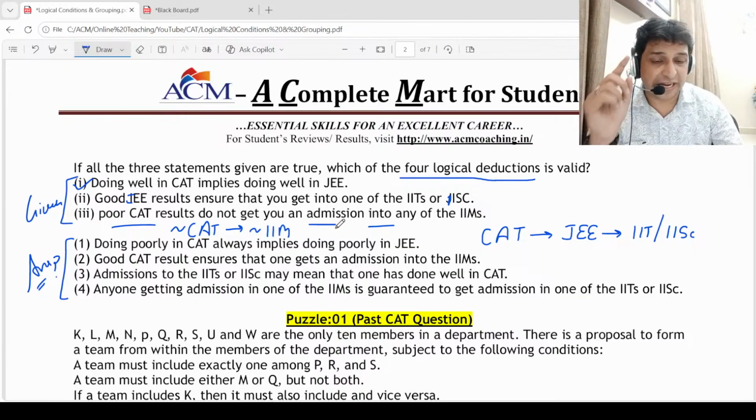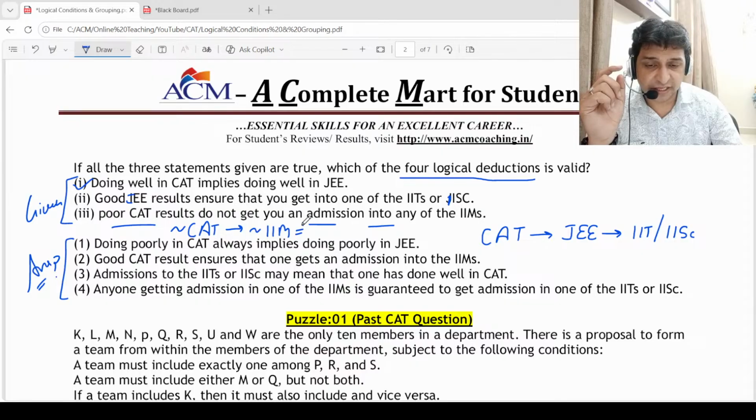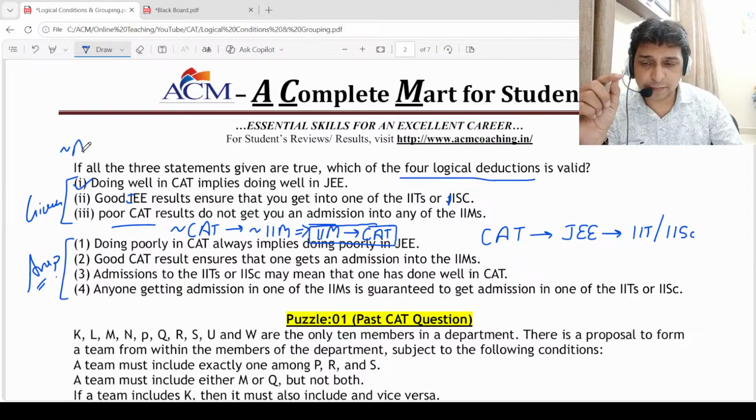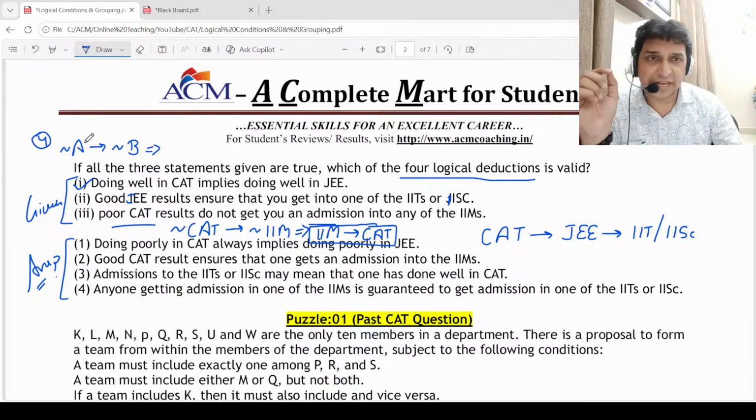Now the conclusion, we have to make a chain now. The conclusion says, this is rule number 4: if somebody is getting admission into IIM, that means the CAT is going to be good. This is the conclusion we have. Not A implies not B. Rule number 4 concludes that if B happens, then A happens.